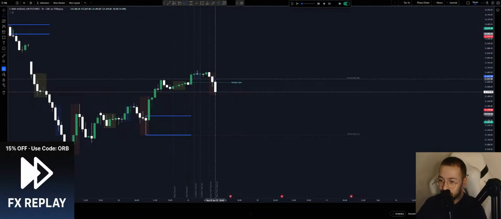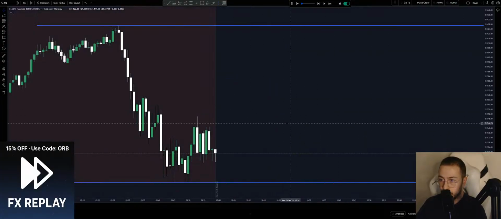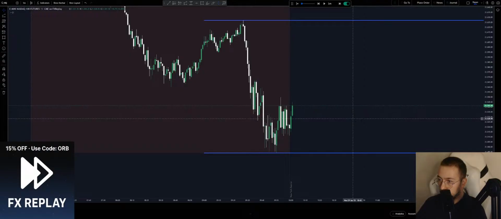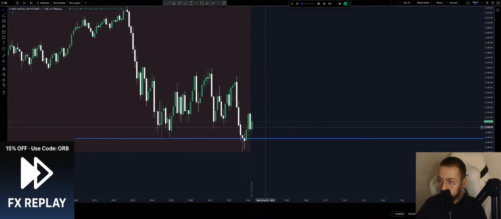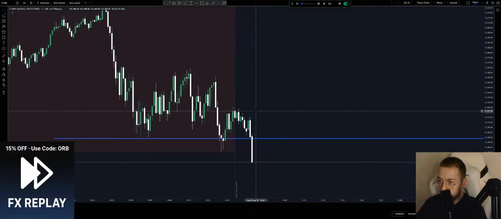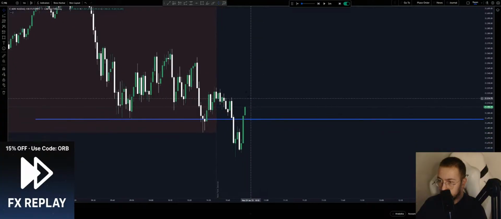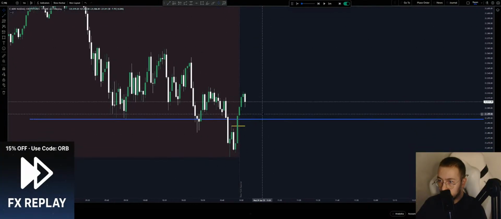Let's see how we will end the month, green or break even or red. Okay. Swept the low. Did not break structure yet. We did now. Fair value gap.